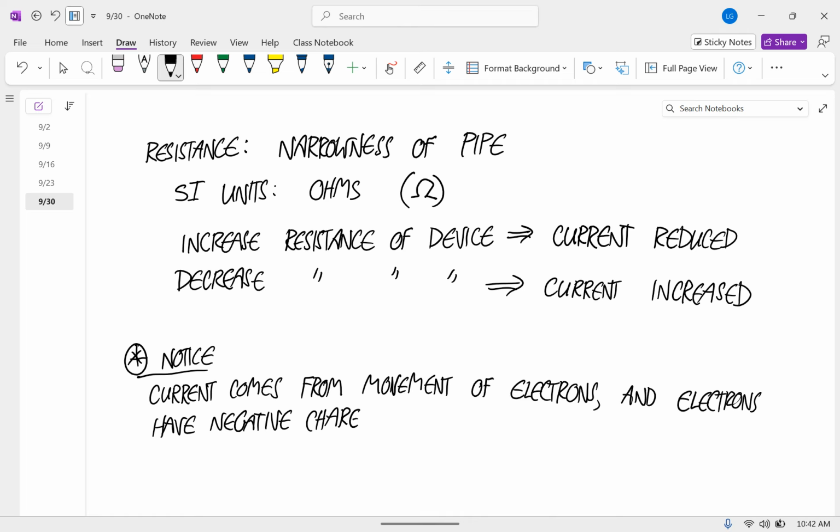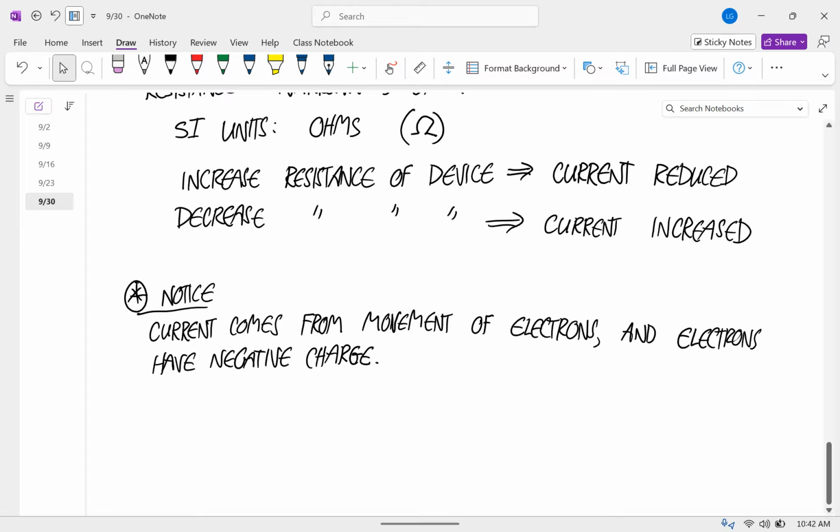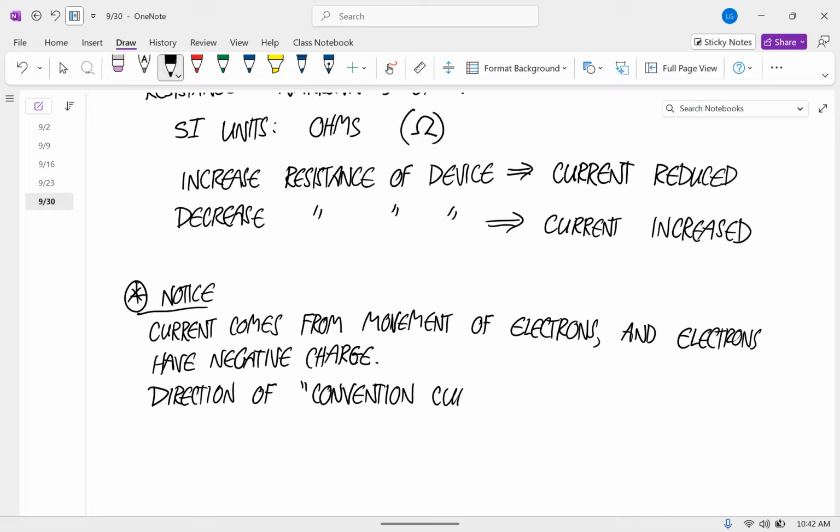When we talk about current, the direction of conventional current is the direction of positive charge.